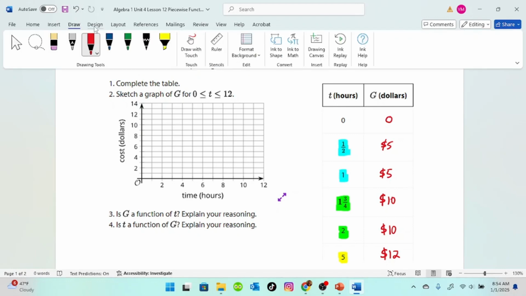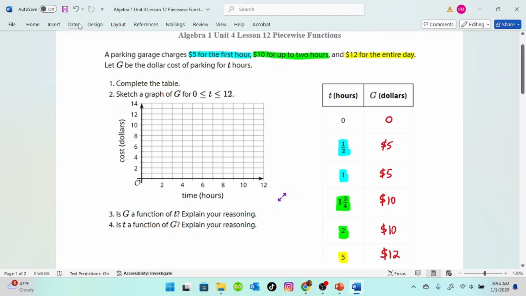So, I need to make a quick note here for you. If a point is included, then we use a solid point.